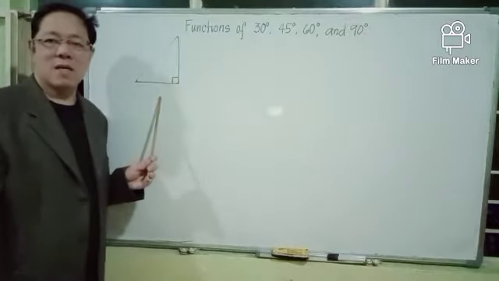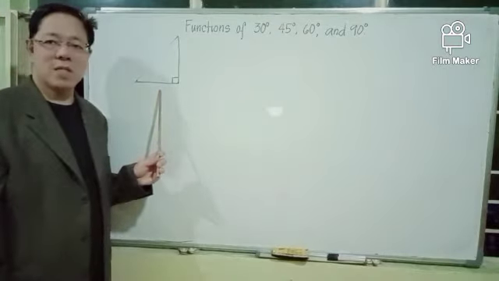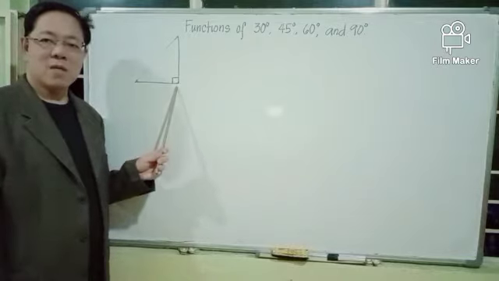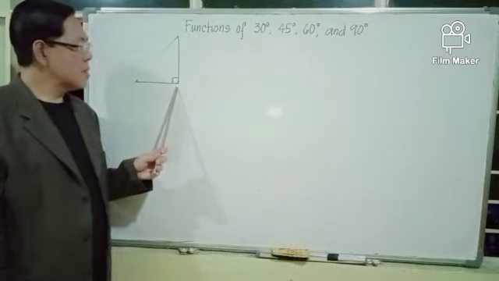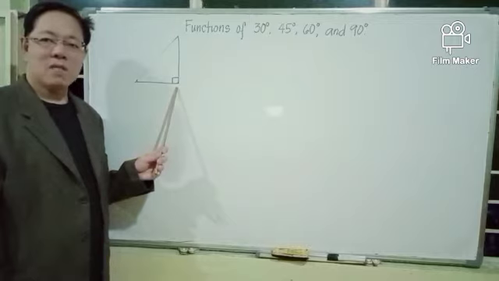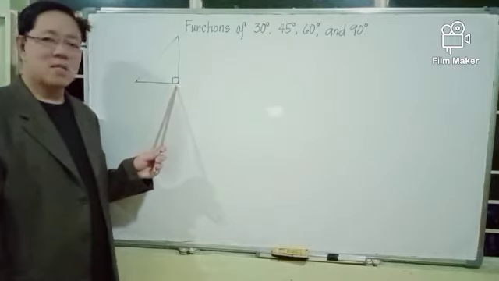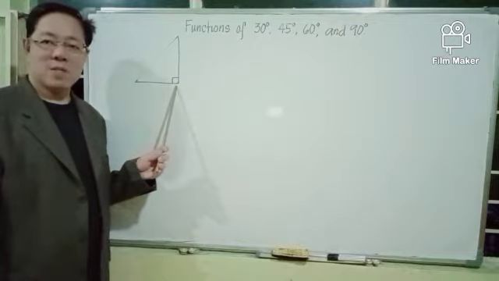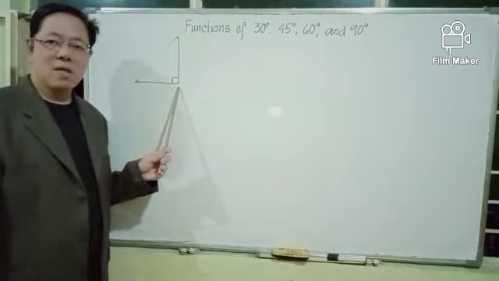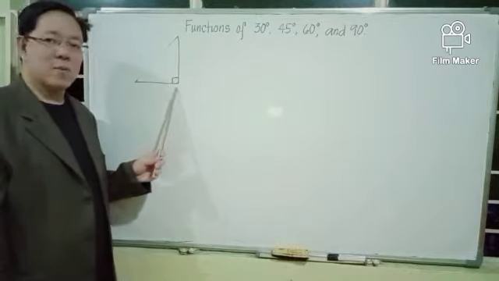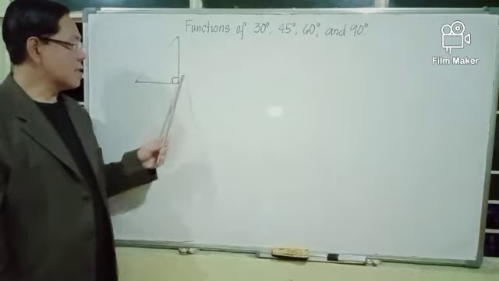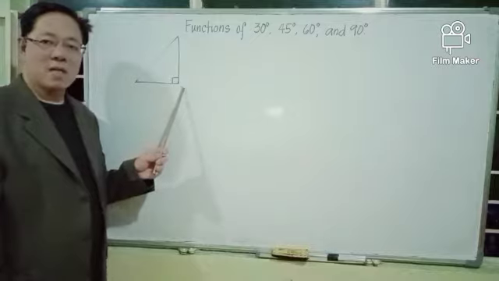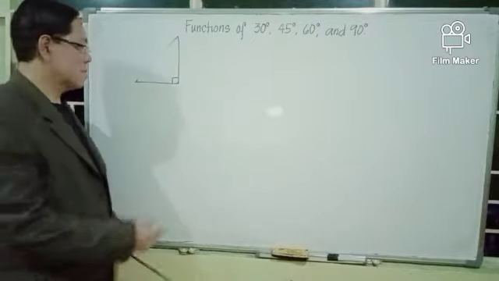Consider this triangle. This is an isosceles right triangle. It is a right triangle because one of its three angles is a right angle, which means that the measure of this angle is 90 degrees, and it is a right angle as indicated by this square. The sides of this triangle that form the right angle are congruent.